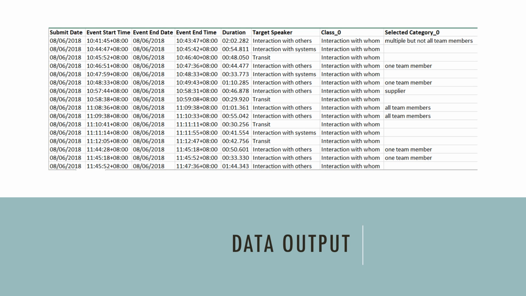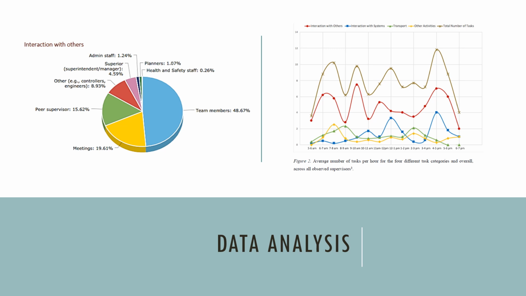Now, the great thing about this tool is that it makes it super easy for you to download your data straight off without having to do any of the data input because you've already done it at the time that you collected the data, which means that you can basically analyze your data pretty much straight away. Now, our data output, once we analyzed it, looked something like this.